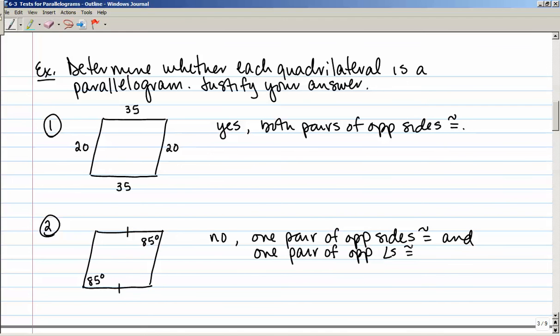But that is not one of the theorems, okay? So we cannot assume that this is a parallelogram. It's got to fit exactly the conditions in those theorems at the beginning of the lesson.